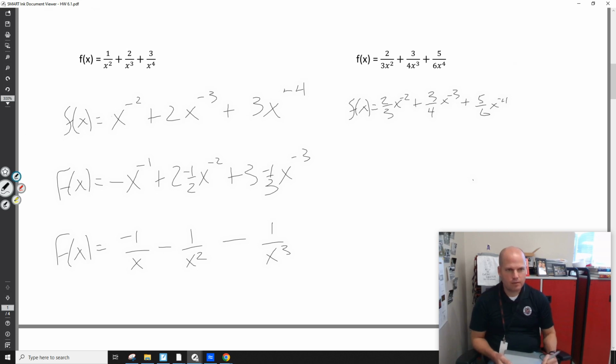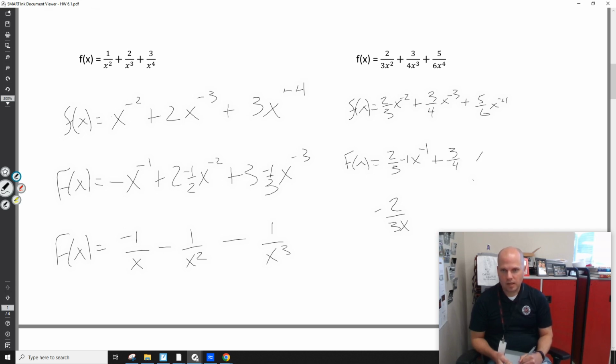Take antiderivatives using the power rule. Leave the constant. Don't worry about the antiderivative constant. Add 1 to the power, multiply by the reciprocal. Combine things. And maybe move the x's back down.